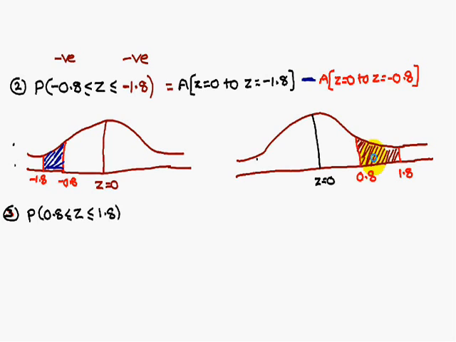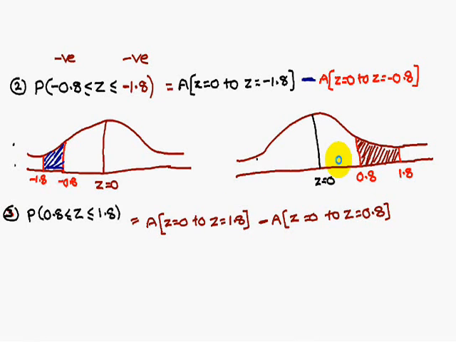It is the area from z is equal to 0 to 1.8, from which you subtract the area from z is equal to 0 to z is equal to 0.8. If you subtract this area you are going to get this area.